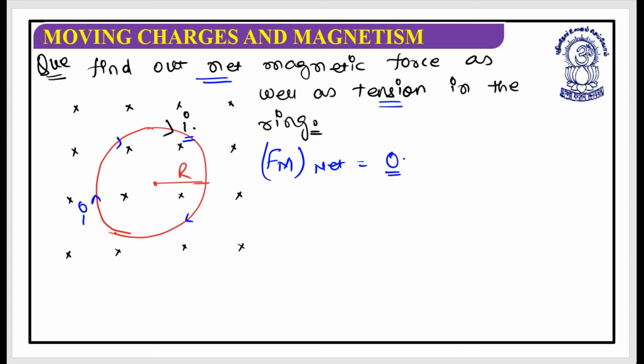To get the tension, we can have this kind of situation: you can cut this ring, and you can assume that this is the rigid support. With this rigid support you have a semicircular segment, something like this, and in this current I is flowing.